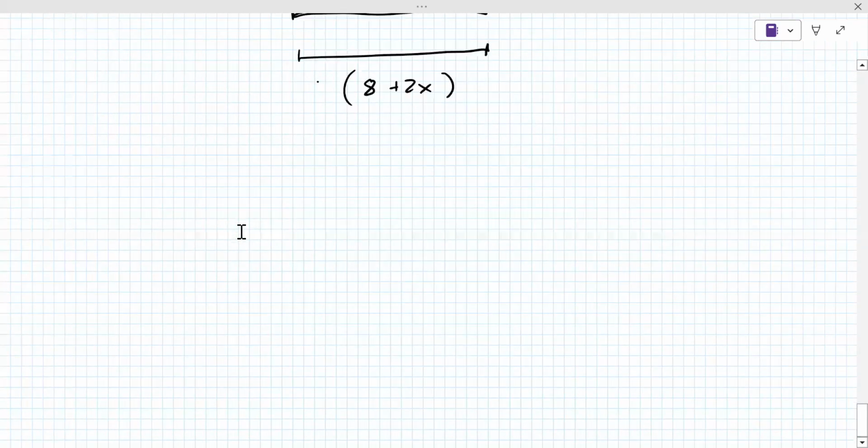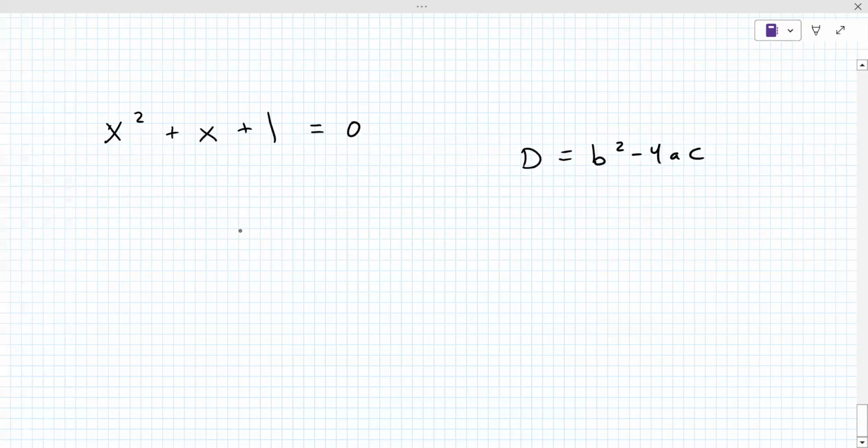Let's do one more problem here. Let's do x squared plus x plus 1. And I just want you to find the discriminant for me, please. That's like the thing inside the square root? Exactly.